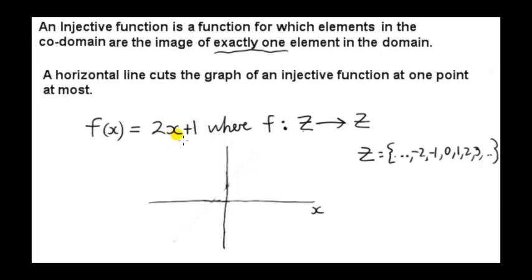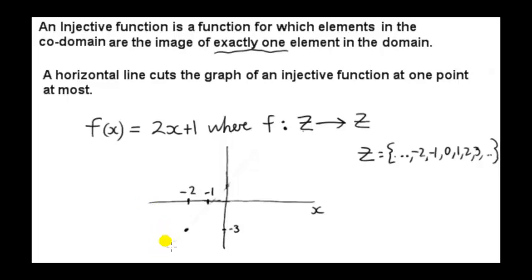So how do we draw this function? Well, x can only take on these values here. So for example, let's suppose x is -2. Well, we plug -2 into this, and we get 2 times -2, which is -4, plus 1, which is -3. Let's take -1.